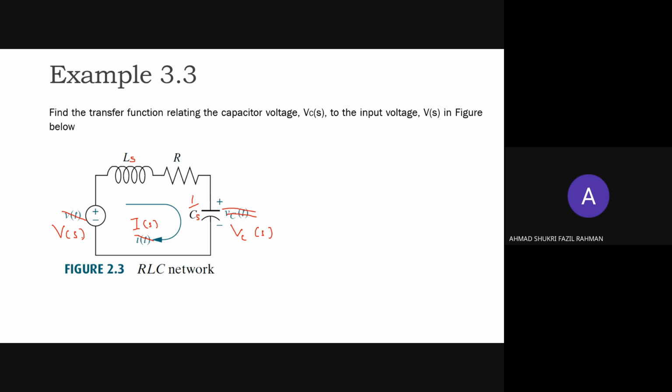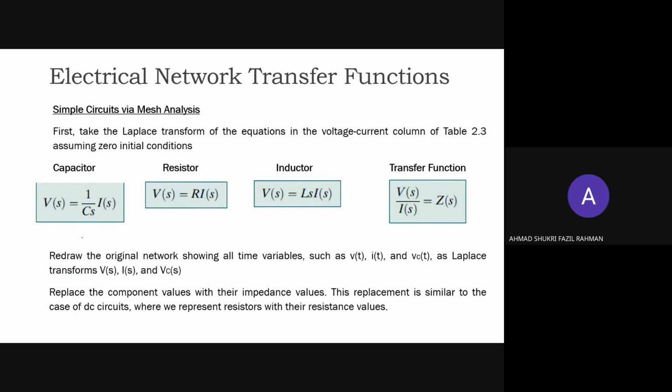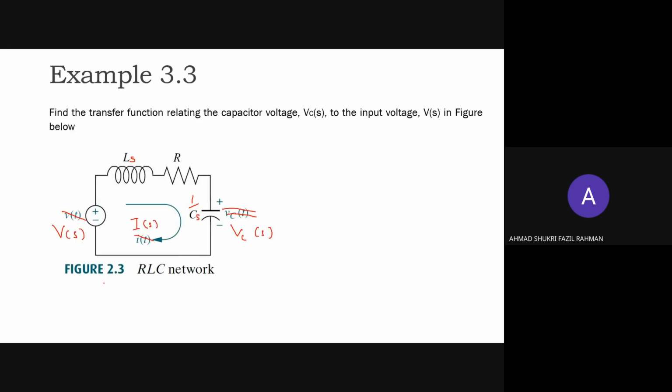That's it. So if we refer back to this explanation, once we have transformed, we redraw and transform the representation of the variables from the time domain into Laplace, and then replace the values. So the question asks us again to find the transfer function related to the capacitor voltage Vc over V(s).